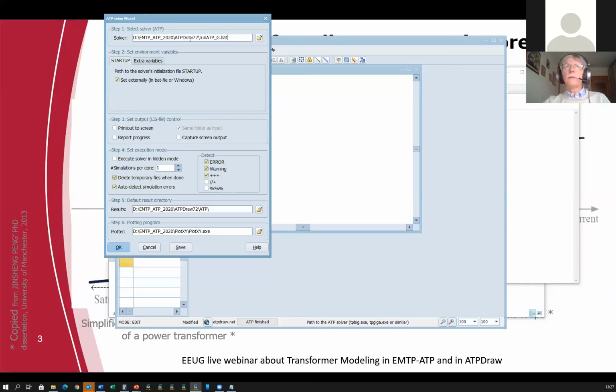You can enter the TP big exe directly, but in that case, you will have no DOS window open, and you will have no chance to stop at the end of the simulation to watch what was going on the screen. I know it's an old-fashioned way of running EMTP, and I also know it has some drawbacks if you work with parallel processing and so on.